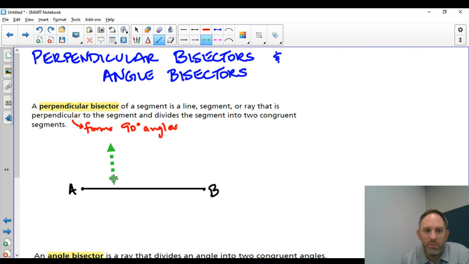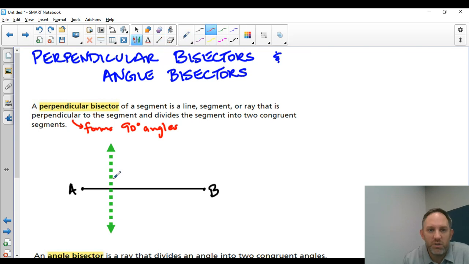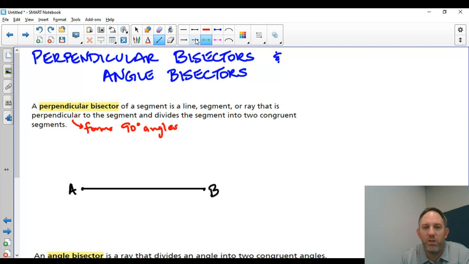Now this segment would also not count as a perpendicular bisector because even though it looks like it's forming a 90-degree angle right there, it's not dividing the segment into two congruent segments. So that would not count as a perpendicular bisector. What a perpendicular bisector for this segment might look like is perhaps something like this. That's not quite in the middle.